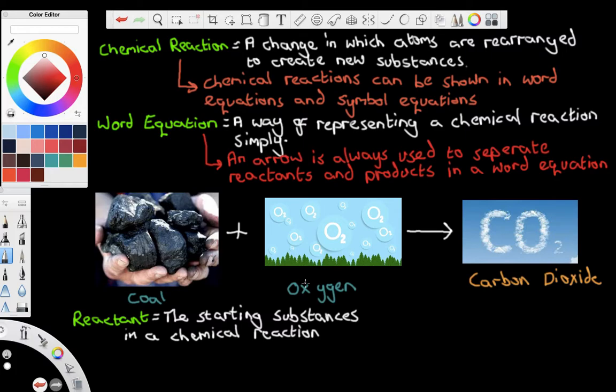Okay, so they are the starting substances in a chemical reaction. Now, reactants are always found on the left-hand side of the arrow. So I'm going to put in red underneath there, found on the left-hand side of the arrow.